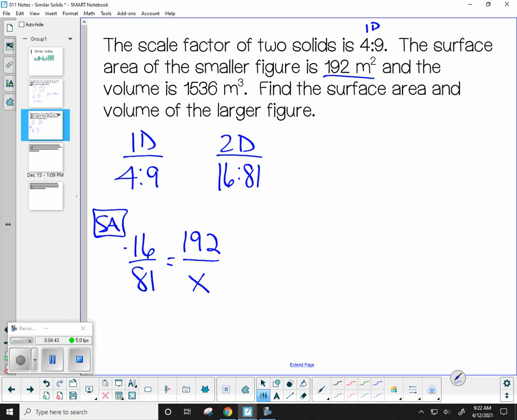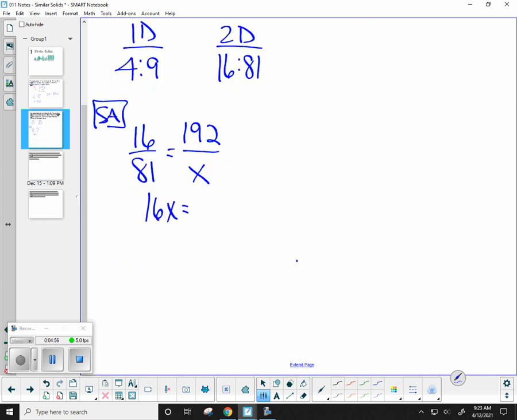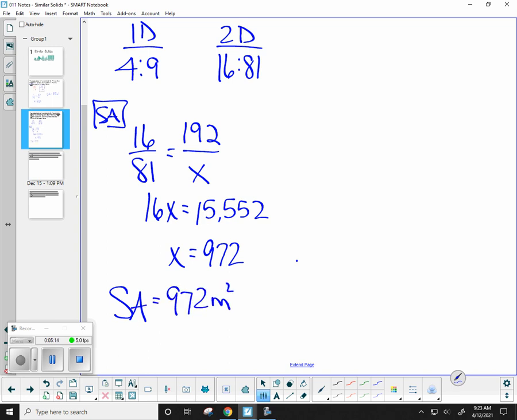And now I can cross multiply. So I have 16x equals 15,552. So my surface area is 972 square meters, right?